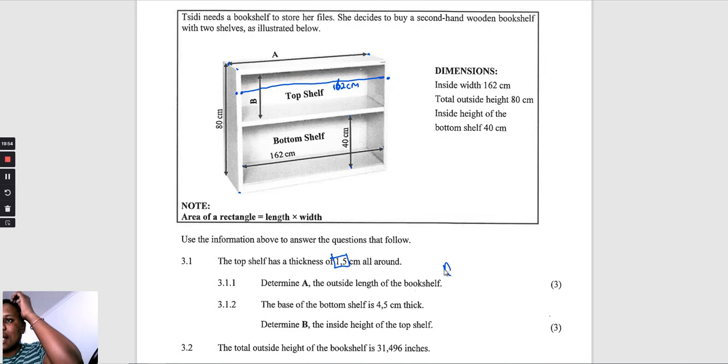Therefore, when we calculate A, we're going to say the inside length of 162 centimeters plus the thickness on the left, which is 1,5 centimeters, plus the thickness on the right, which is 1,5 centimeters, which gives us 162 plus 1,5 plus 1,5, which equals 165 centimeters. That is the length represented by A.